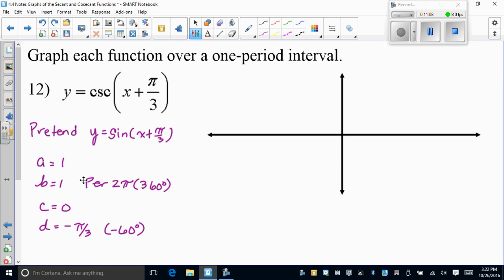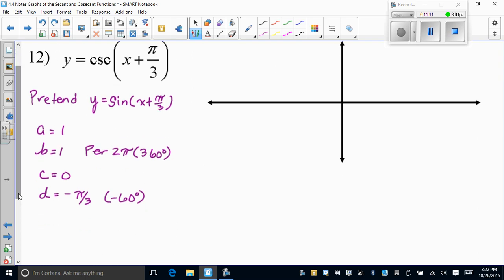So double check my beginning and endpoints. I do 0 is less than or equal to x plus pi over 3, but I know that's 60. Plus 60 is less than or equal to 2 pi, or 360.